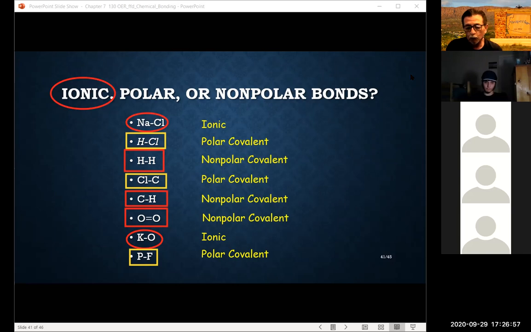So once you are able to determine just by looking at the bond whether it's ionic, polar covalent, non-polar covalent, and then knowing the structure based on the Lewis dot structure, you'll be able to determine whether the whole molecule is polar or non-polar. So it's all tied in.